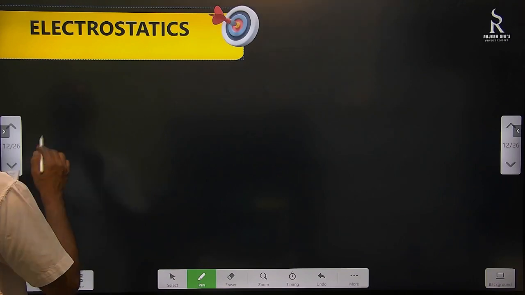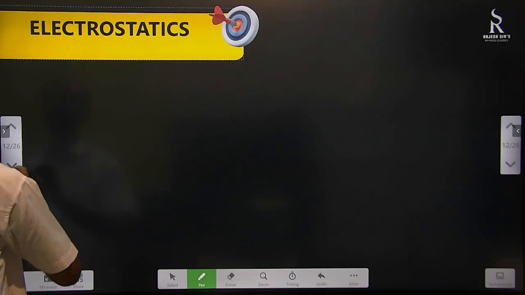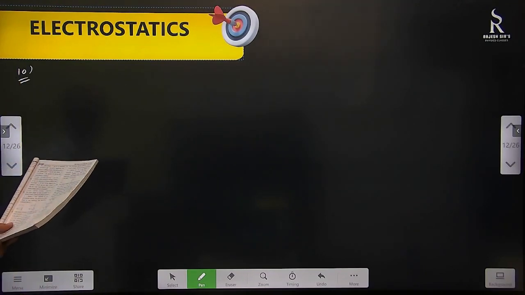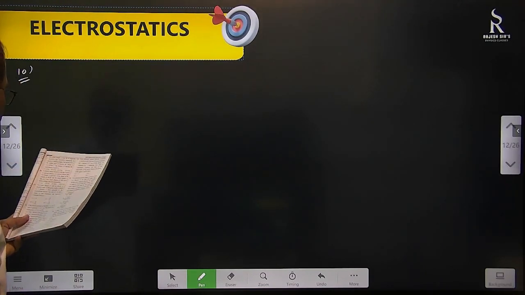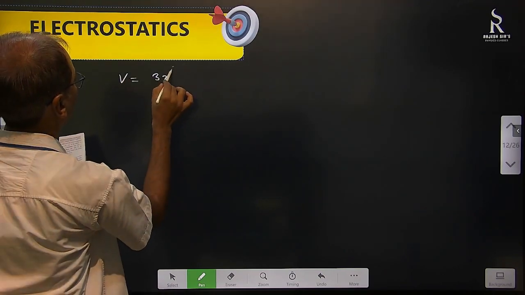Okay, let's do one more. This question we have done. Very similar question we have done in the class. This is 9th, so next is 10th. It says that potential is given in a region as 3x square volt.